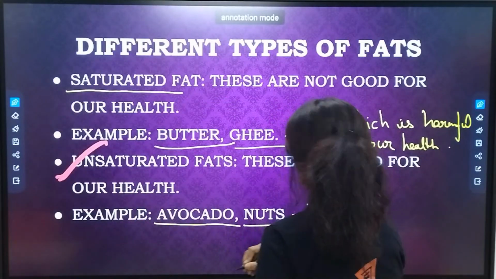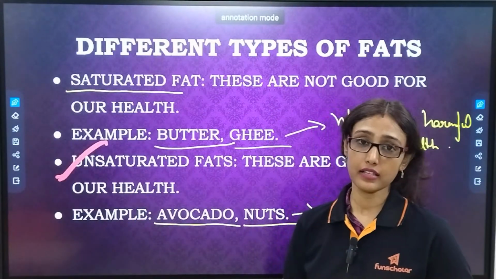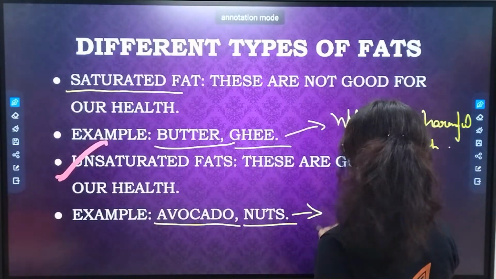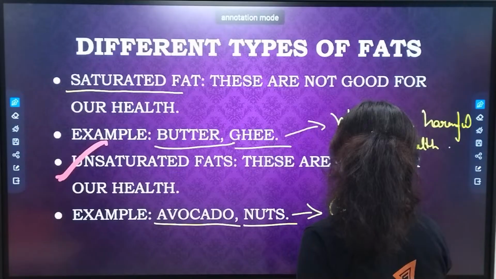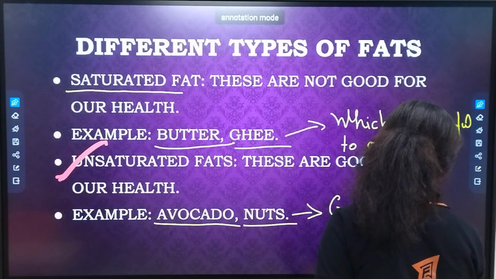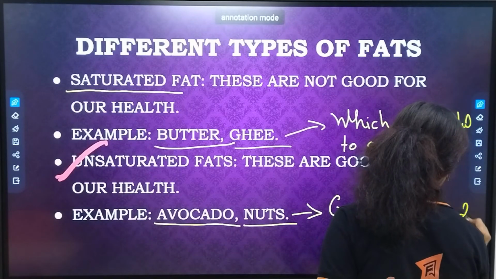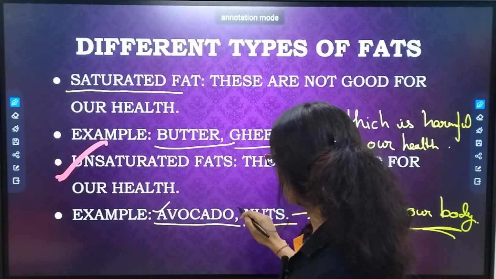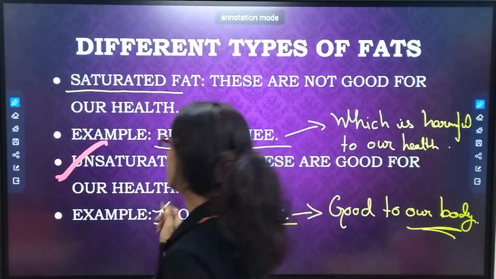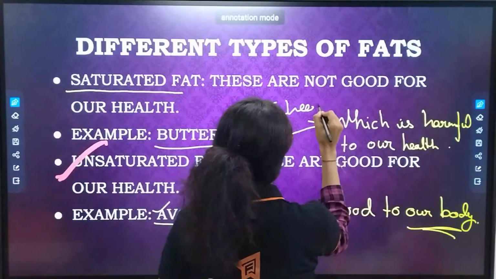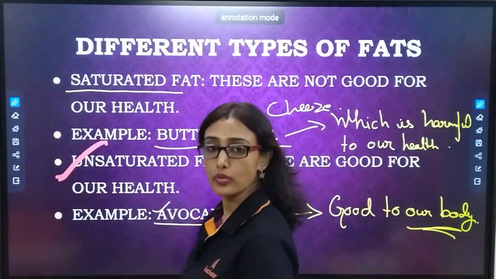Okay, nuts means what comes under nuts? Almond, kaju, etc., which are good to our body. So from now onwards, you will take avocado, you will take nuts, but you will not eat ghee, butter, cheese. Everything is bad for you.